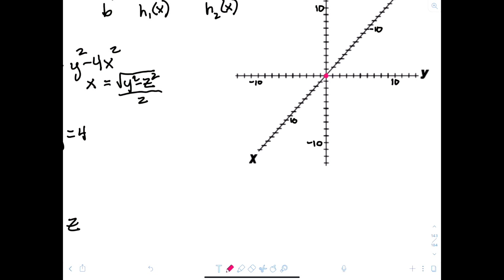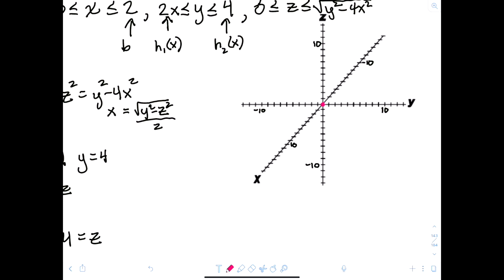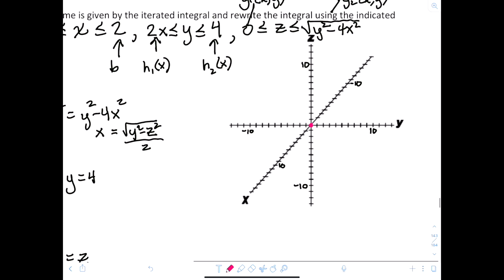So now let's figure that out. I think it'll be about here.